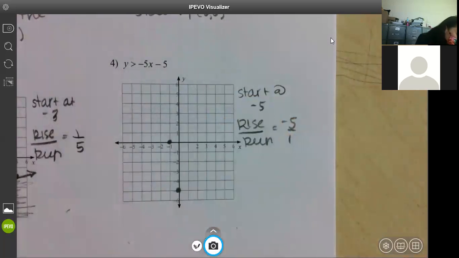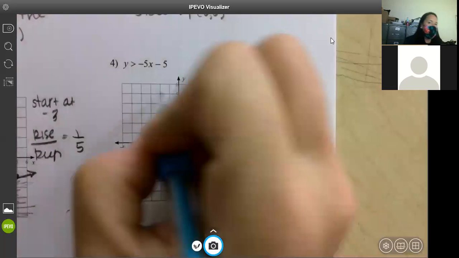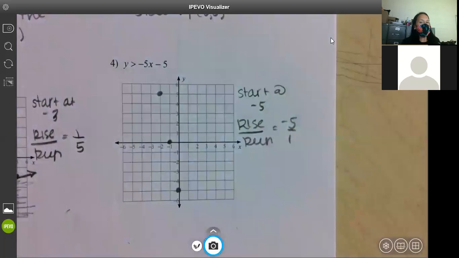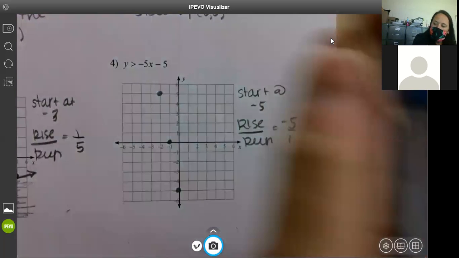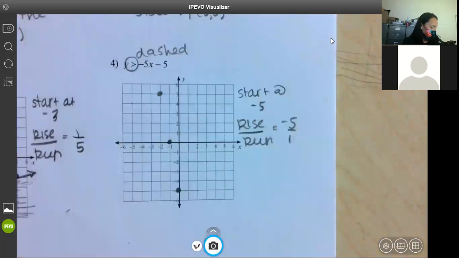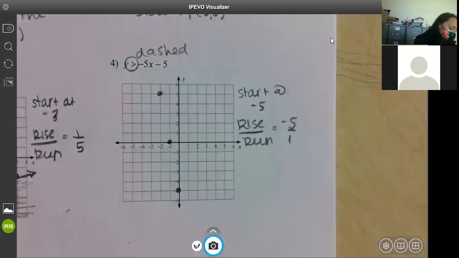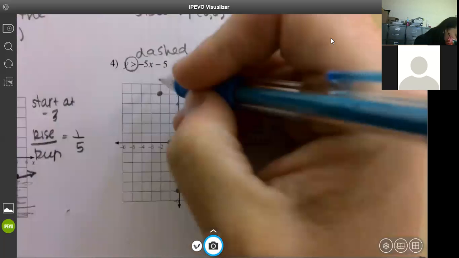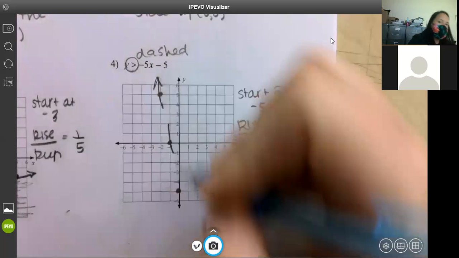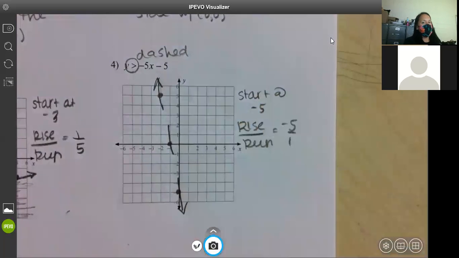Same thing again, up 5 and to the left 1. Is it solid or dashed? So again, I don't care how you dash it, just as long as you can see that it's dashed.